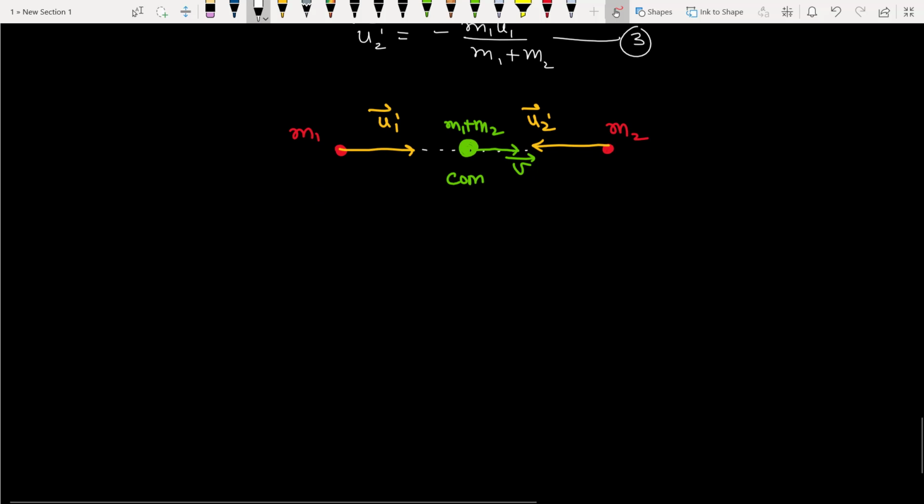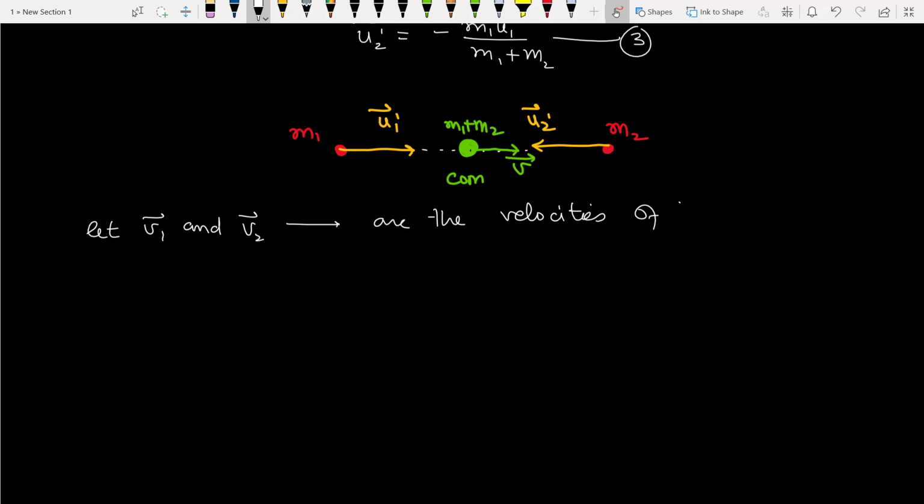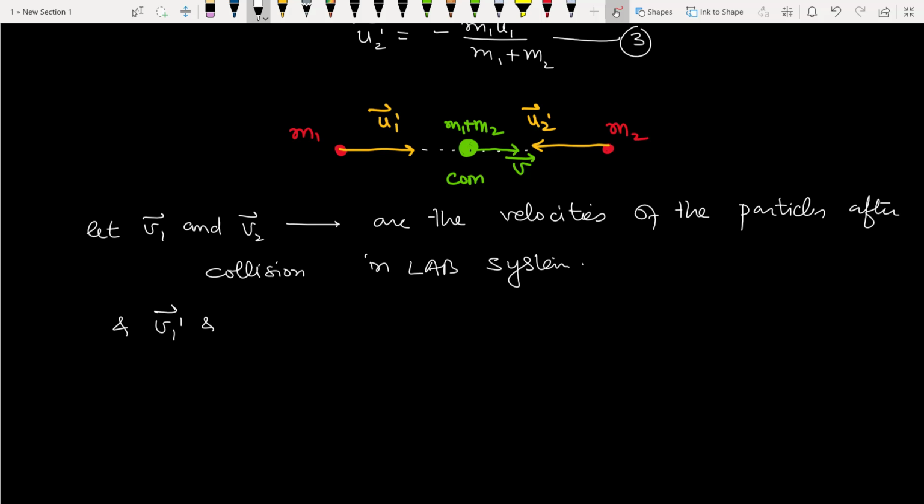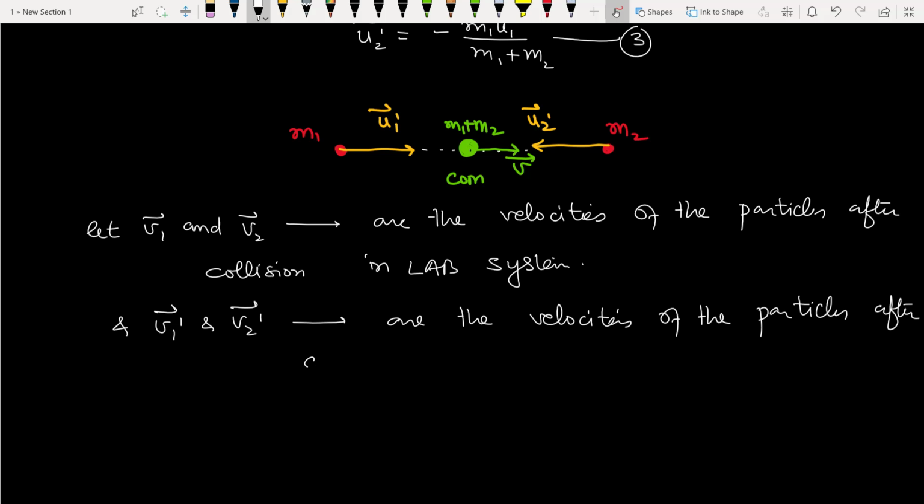So let v1 vector and v2 vector be the velocities of the particles after collision in lab system, and v1 dash and v2 dash be the velocities of the particles after collision in center of mass system.